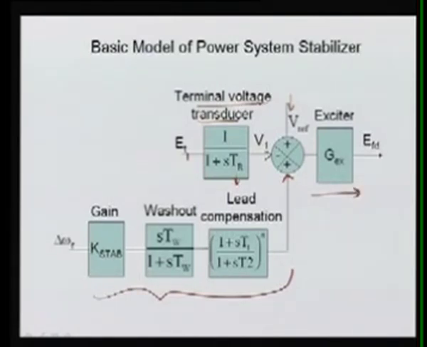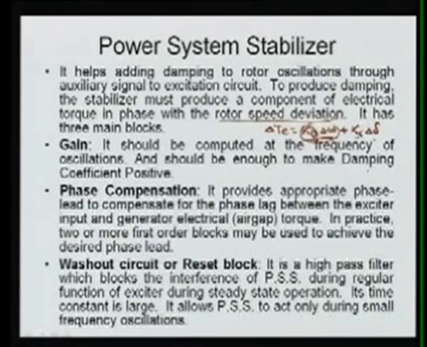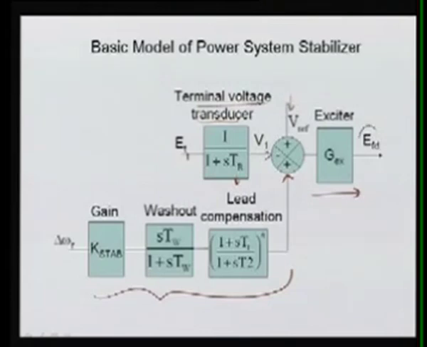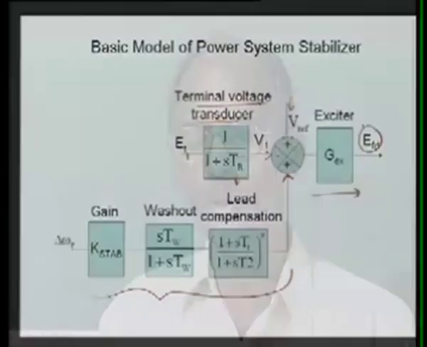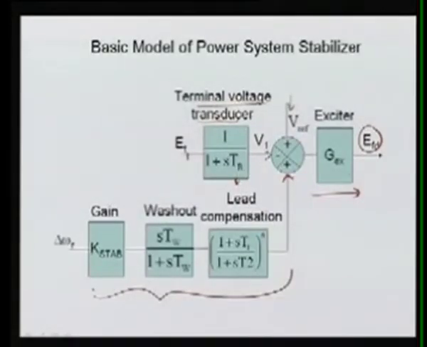This is your exciter, and its gain, or transfer function, is written as GEX. Finally it gives your EFD, and that EFD is the voltage directly proportional to the field current, and it is changing your excitation voltage. So this is your PSS block. We have three components.